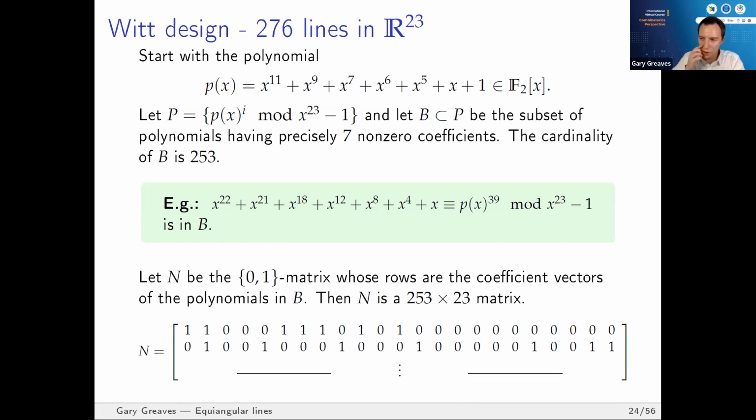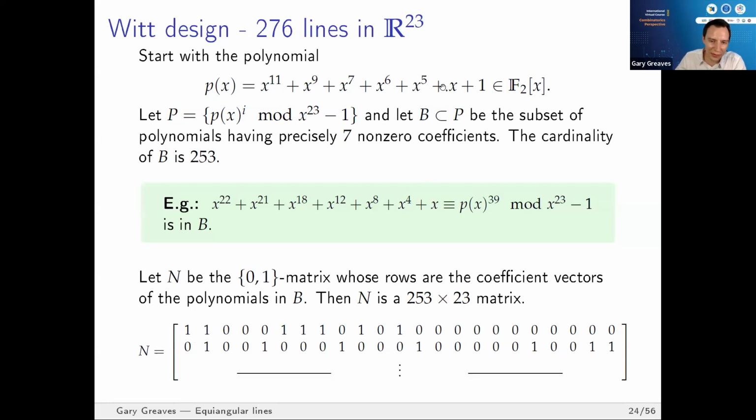To give you an example of what this matrix looks like, I can give you 2 of the rows. The first row corresponds to P. So here we have 1, and that's because we have a non-zero coefficient for the 0 position, and then 1 for the x to the 1 monomial, and so we get a 1 here.